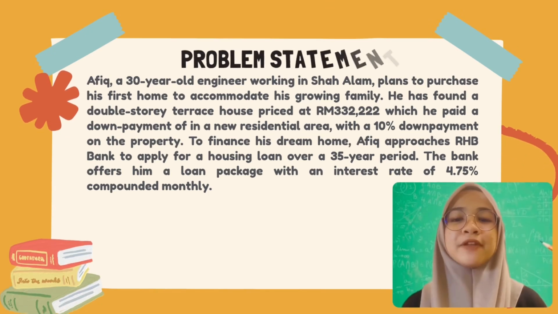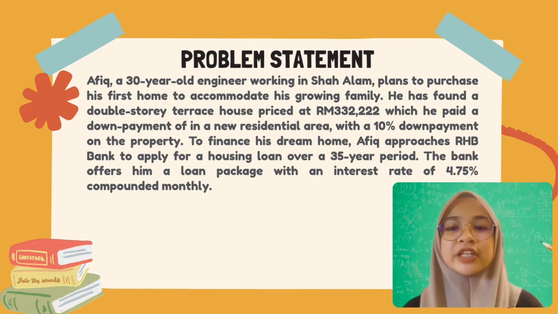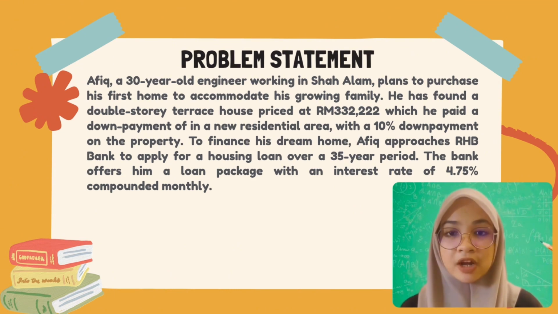Here is the problem statement for annuity case study 2. Afiq, a 30-year-old engineer working in Shah Alam, plans to purchase his first home to accommodate his growing family. He has found a double-story terrace house in a new residential area, priced at 332,222 ringgit, with a 10% down payment on the property.